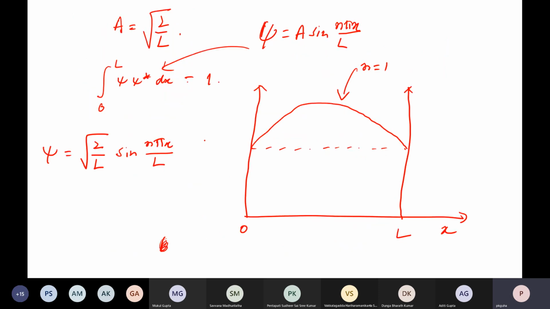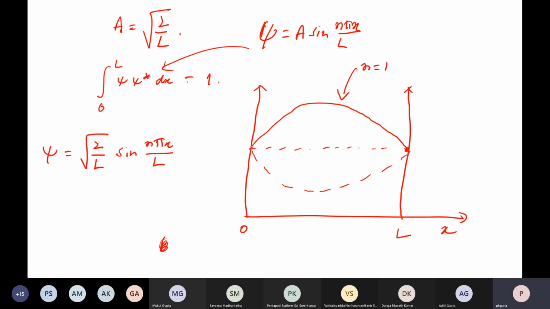If n equal to 1, you will get sin(pi x over L). So if x equal to 0, the wave function will be 0. If x equal to L, the wave function will also be 0 again. So you will get a waveform of this sort, and in the next half the waveform will be like this, right?